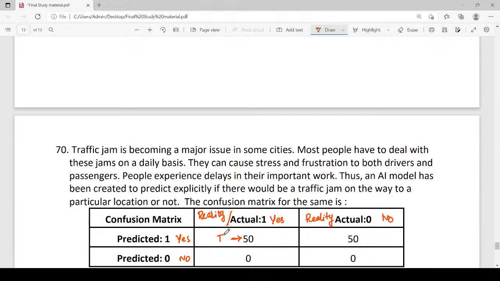True positive. Excellent. Okay. Now what is this? The next one. To the right of it, I am pointing my arrow. What is this? The second one on the right side. Yes, Rihanna. Yes, yes. False positive.